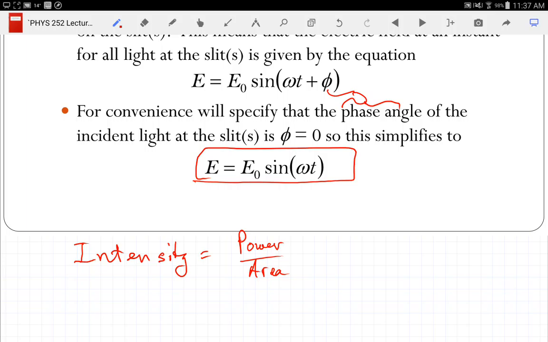If there's more power being delivered per unit area, we see more. And so what we really care about is the average intensity, which is if you take the average over one cycle, so over one period for our light, and average the intensity. Now, the intensity is proportional to the electric field magnitude squared.